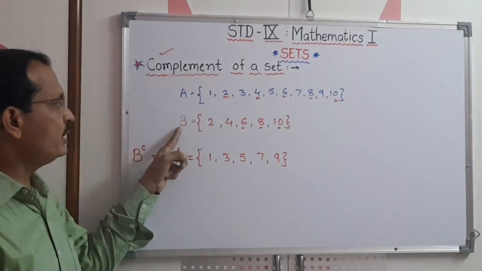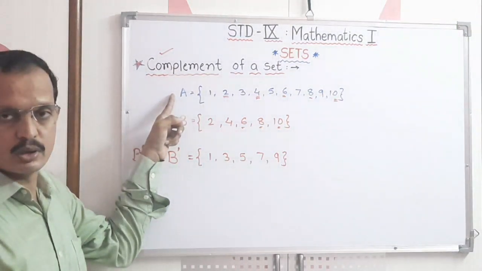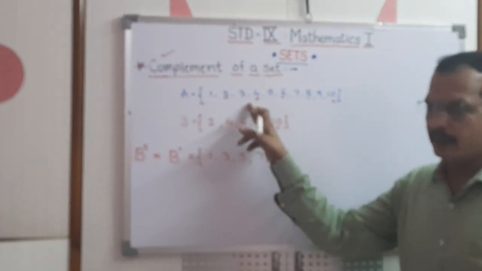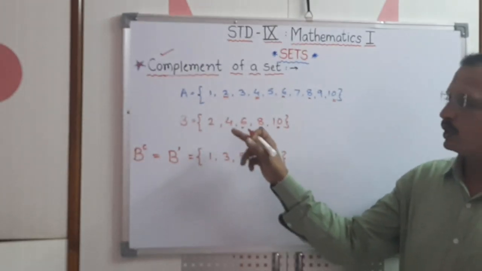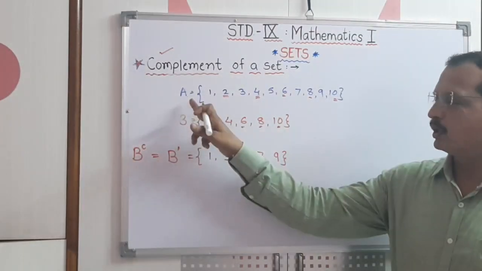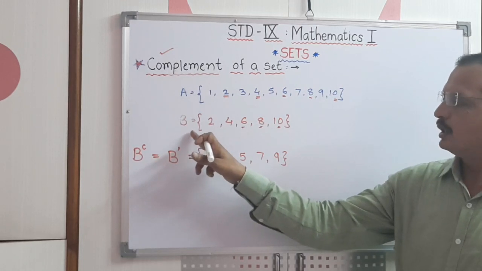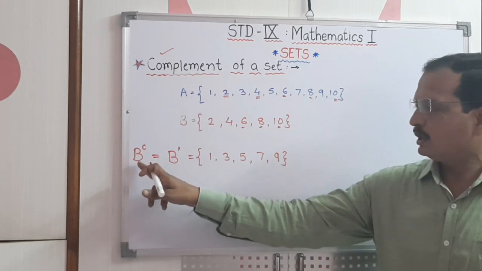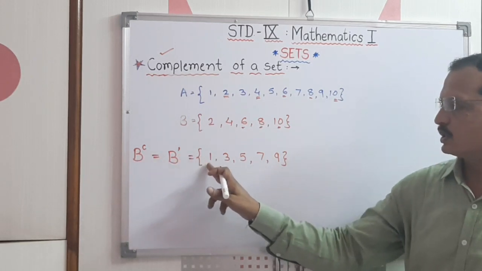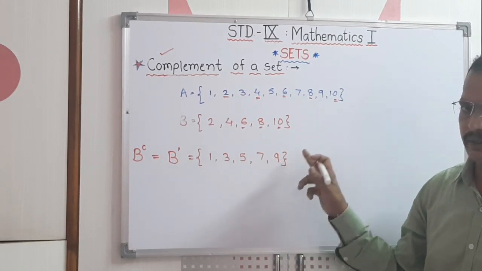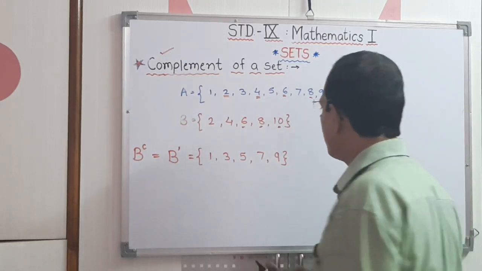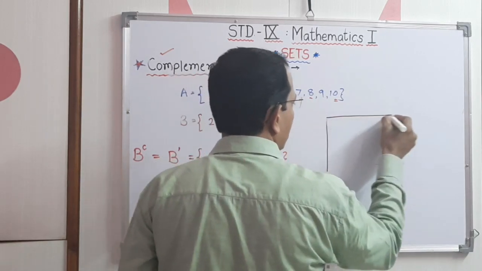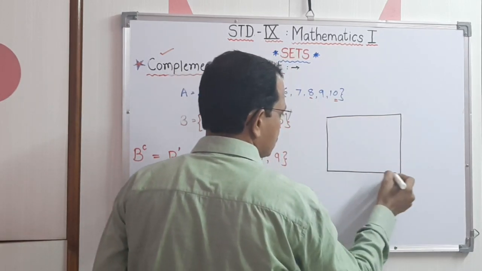If B is a subset of A, this is an important condition, then the set of elements which are present in A but not present in set B is called the complement of set B, B C, or we can write B dash is equal to 1, 3, 5, 7, 9. Now if we have to represent this by Venn diagram, then we can draw this.